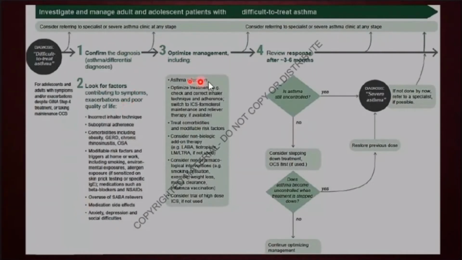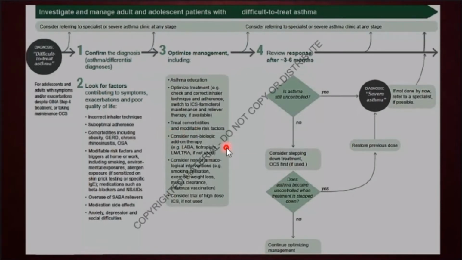Okay, then you optimize the management. You educate the patient on asthma, look at the inhaler technique, educate them on inhaler technique, and treat the comorbidities that are present or any modifiable risk factors. If it's occupation related, you can advise that the patient stay away from that workplace for some time, give a medical certificate, look at the house, ask them to clean, like if they have carpets or pets, try to stay away from pets and all that.